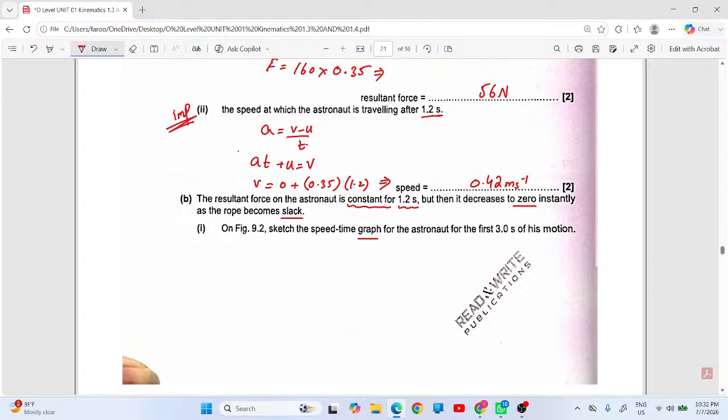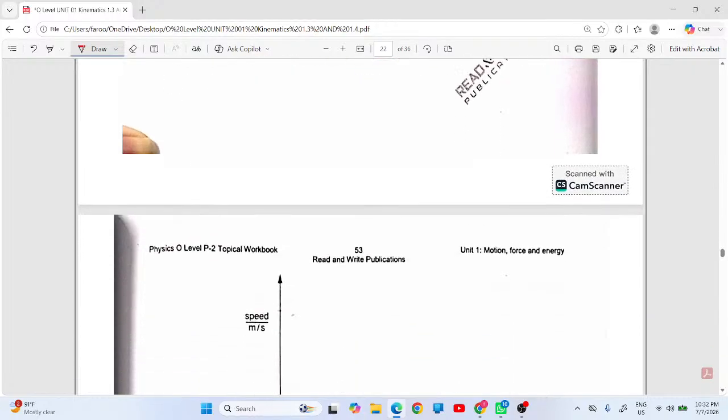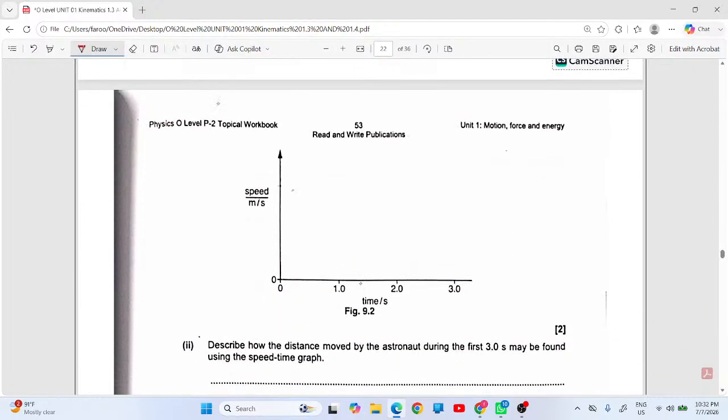इसमें क्या बनेगा हमारे पास? शुरू में तो फोर्स कांस्टेंट है ना, up to 1.2 seconds. 1.2 देखते हैं कहाँ पे होगा.